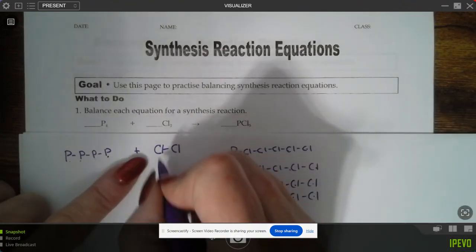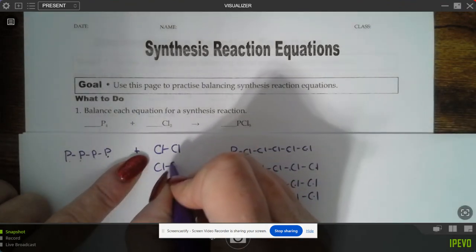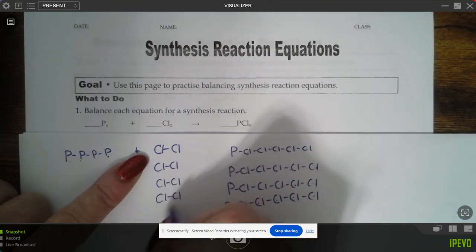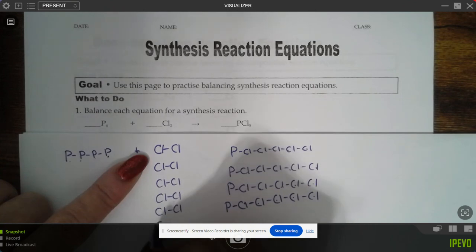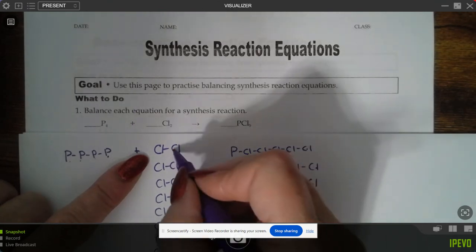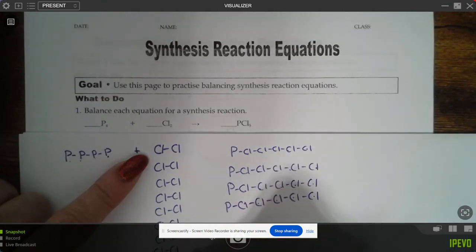Okay, so to get 20 chlorines here, I've got 2, 4, 6, 8, 10, 12, 14, 16, 18, 20.